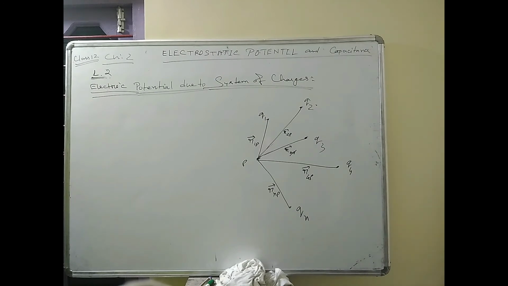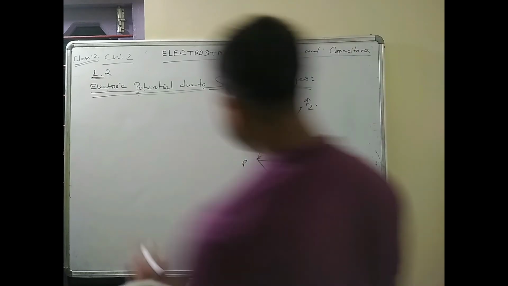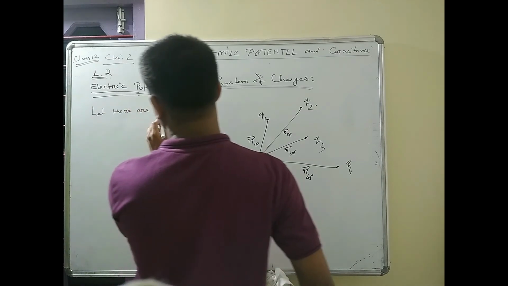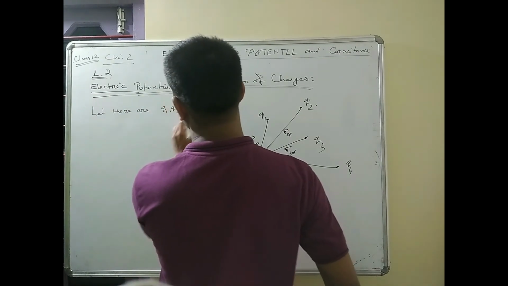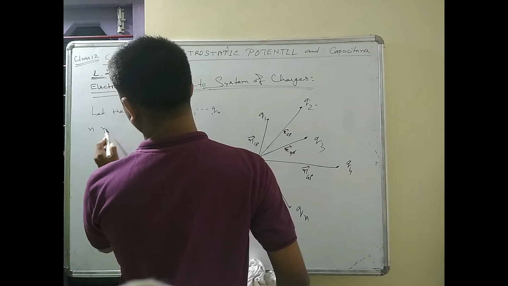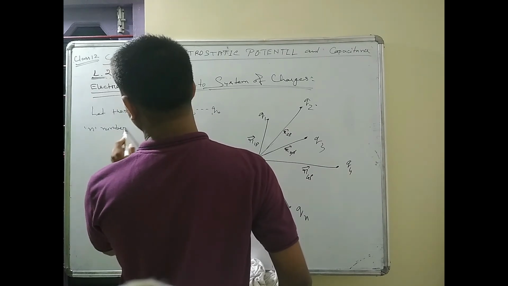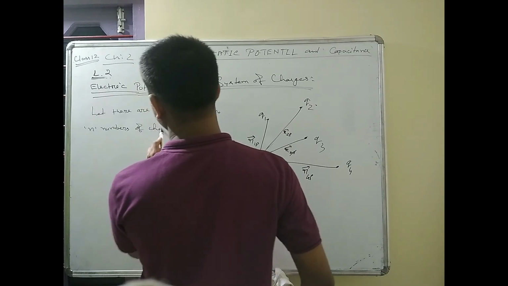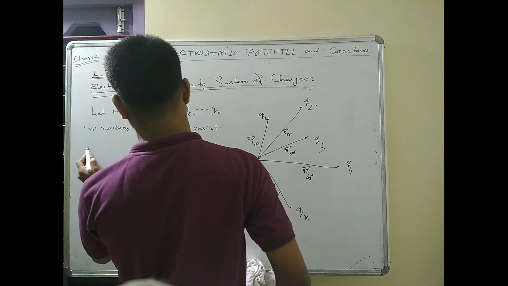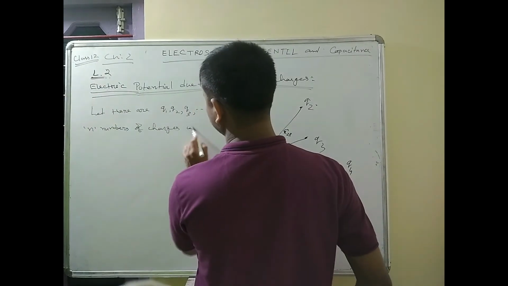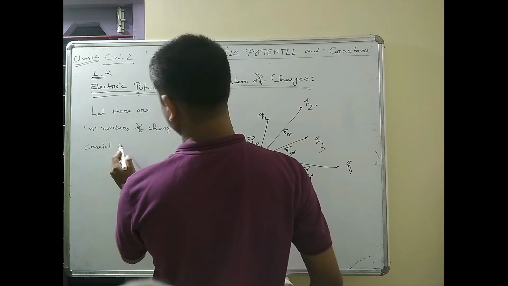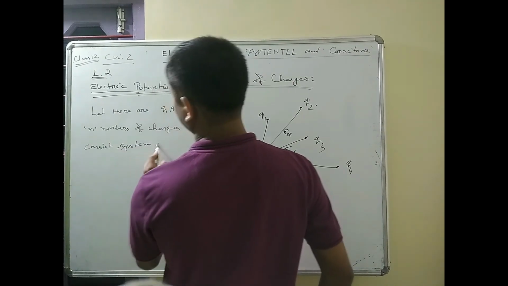So you can write, let there be Q1, Q2, Q3, up to Qn, n number of charges which consist in the system of charges.